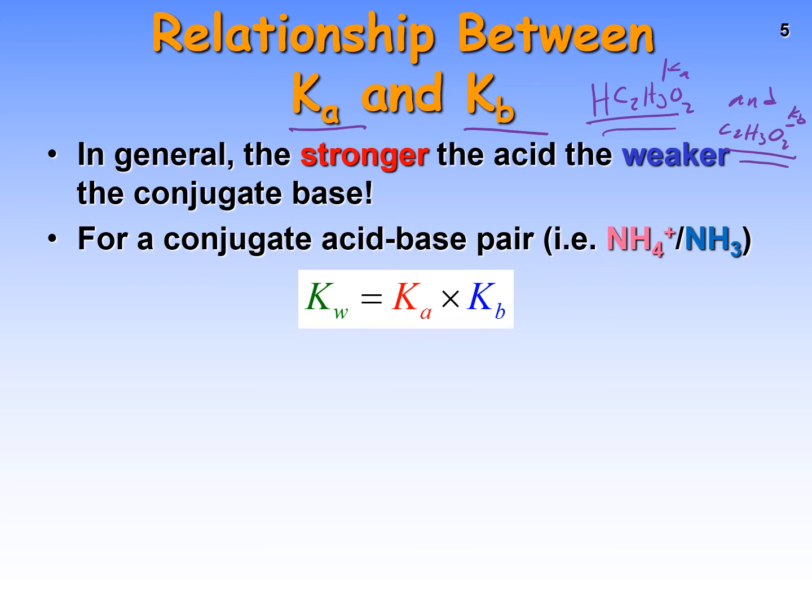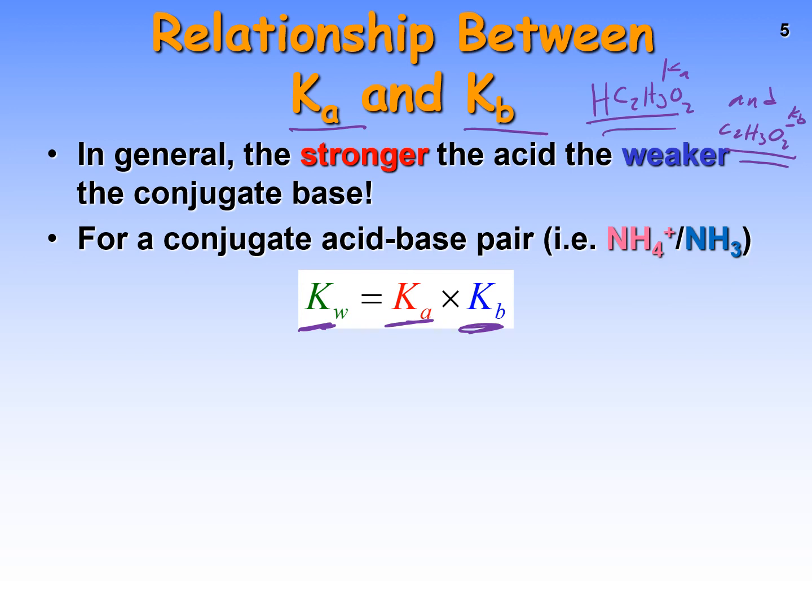For a conjugate pair, or for NH4+ and NH3, any conjugate pair, Kw is equal to Ka times Kb. And I'll prove this in a second from theory and why this is the case. But you do need to be able to use this equation. If I know Kb of NH3, I can solve for the Ka of NH4+ or vice versa, which is super useful.